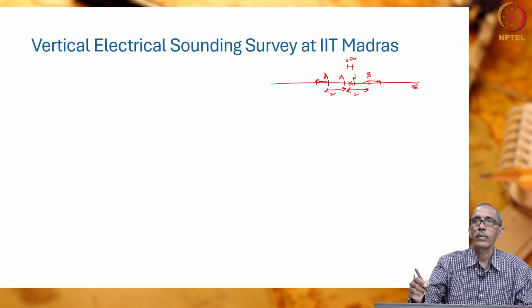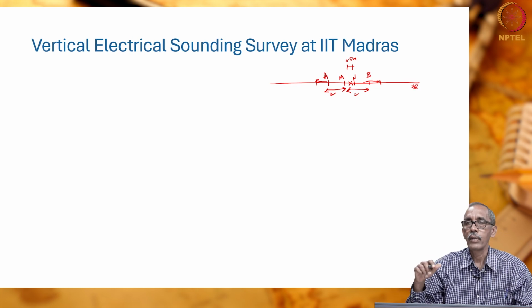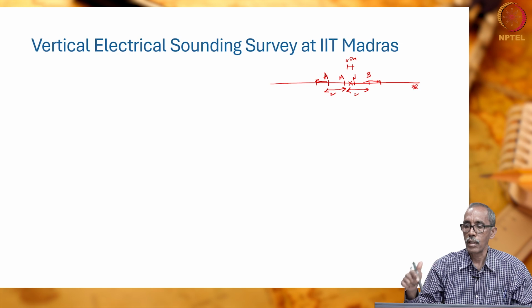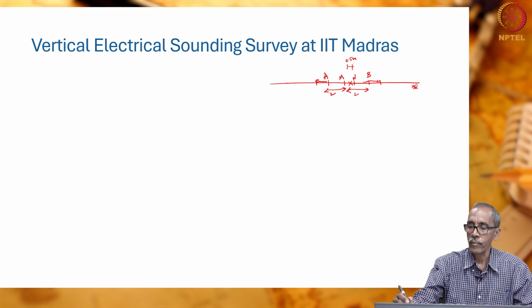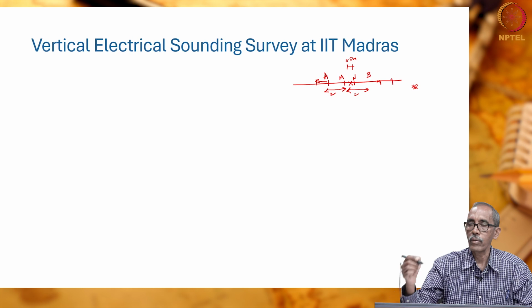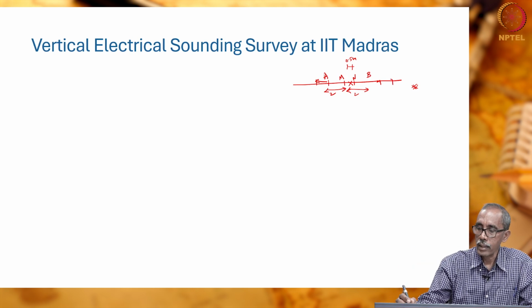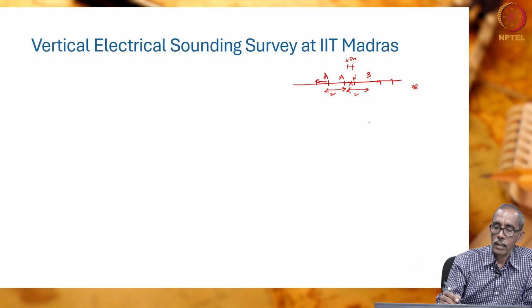Though you see more electrodes, at any time we are using only 4, but in the field there are 6 electrodes. The other 2 electrodes are simply kept there; when they are taking measurement using this configuration, the electrode here will be removed and then shifted to the other side. This is how we are increasing the electrode spacing.